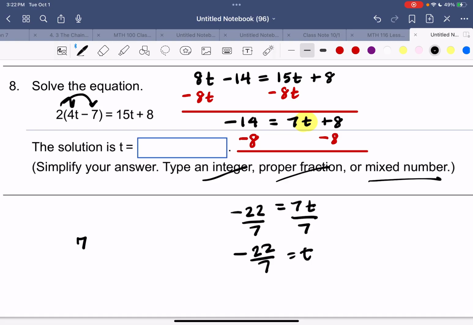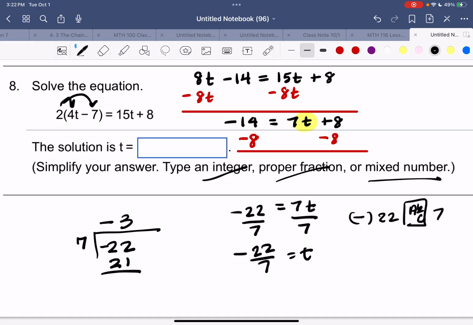So to do it on your calculator, you just type in negative 22 and the fraction key 7. Well, first of all, I know it's going to be a negative because a positive into a negative is a negative. 3 times 7 is 21. That's a 1. 7 won't go into there, so it's negative 3 1/7.